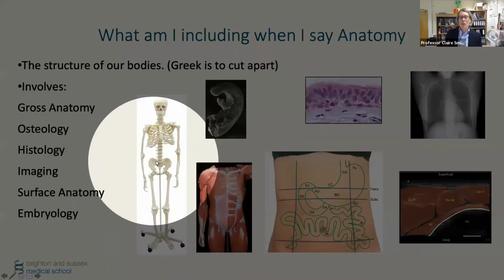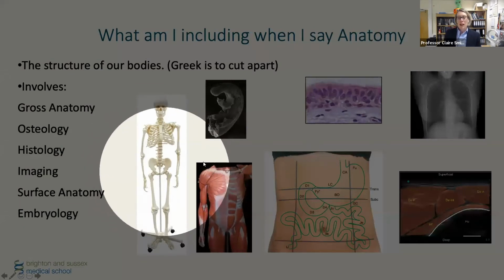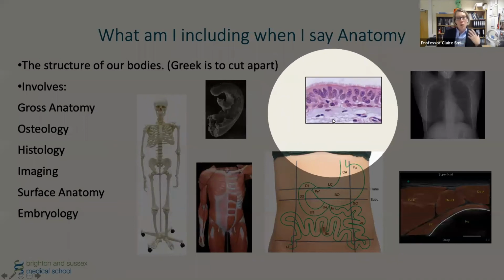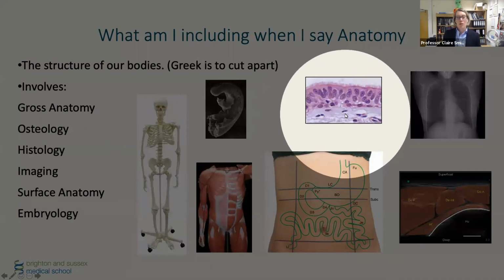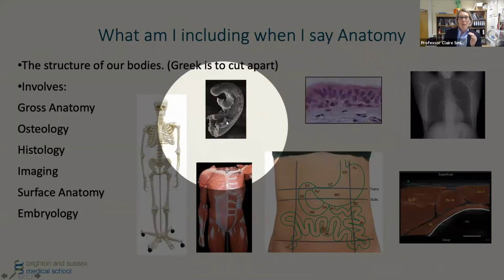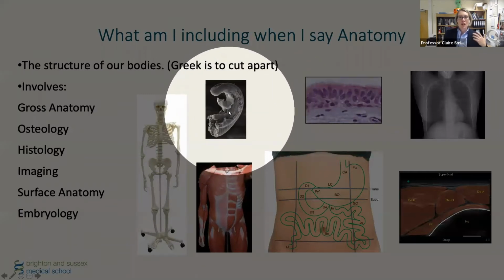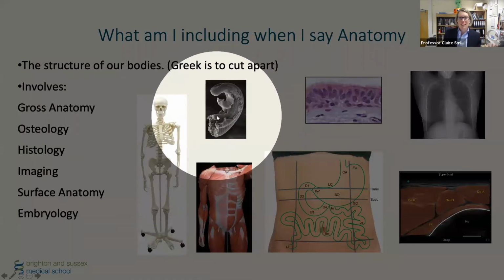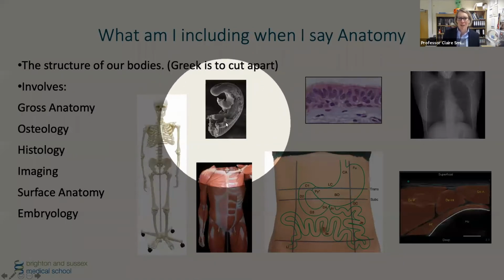We then have osteology, the study of the skeleton. We have histology, what the structures look like under a microscope. We have embryology, and remember that children and babies, neonates, are not just miniature versions of adults; they have their own unique anatomy.